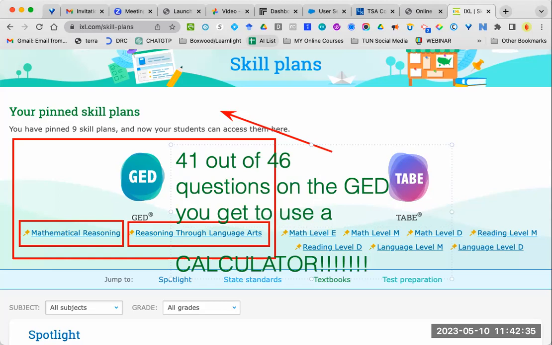And we generally know what those questions tend to ask. So there's not a lot of dividing negative decimals and all that stuff. Maybe one question, maybe, that you have to do by hand. So use a calculator.